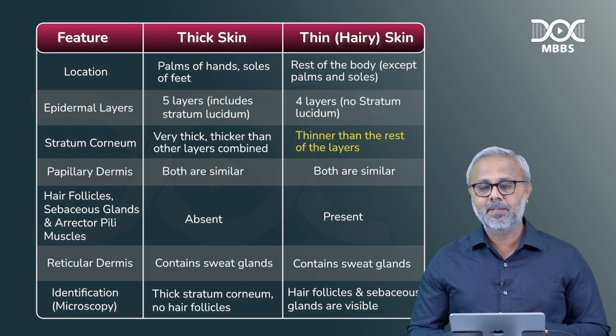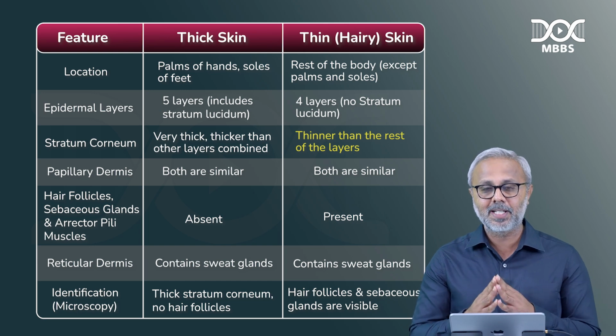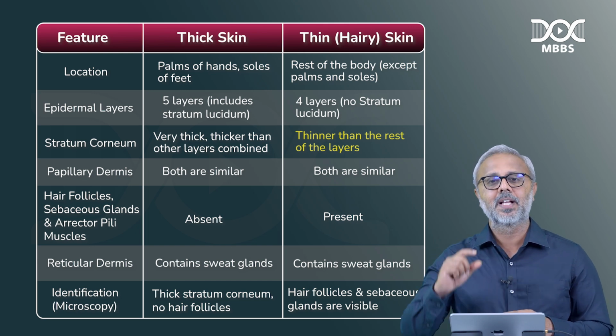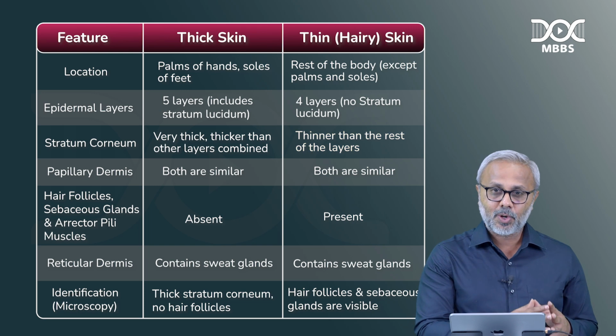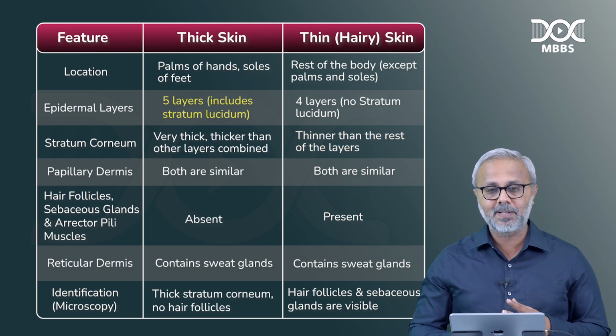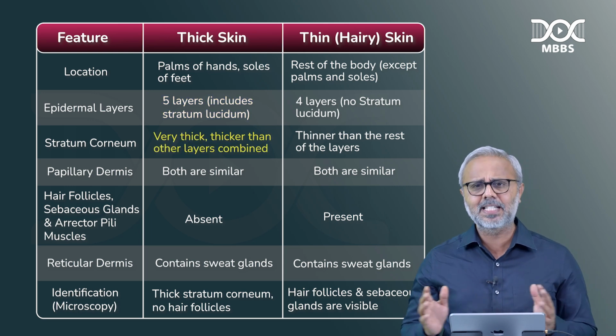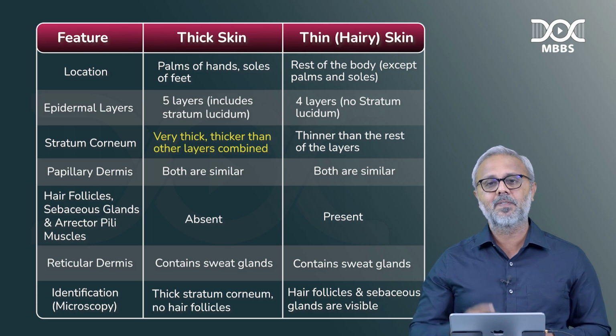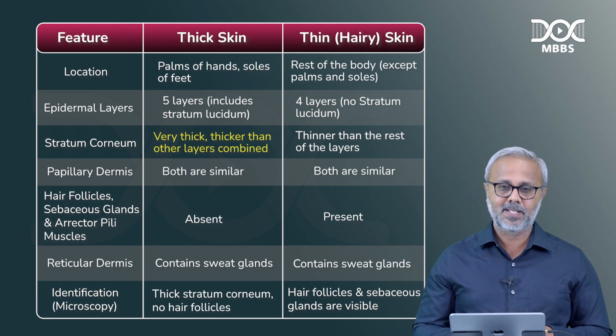The thickness of the stratum corneum is much lesser than the entire thickness of the other 3 layers. In case of thick skin, we have 5 layers: stratum basale, stratum spinosum, stratum granulosum, stratum lucidum and stratum corneum. The thickness of the stratum corneum itself is more than the thickness of the rest of the layers of the epidermis.